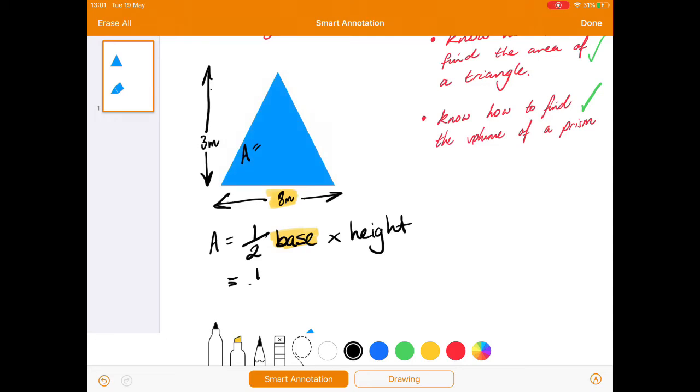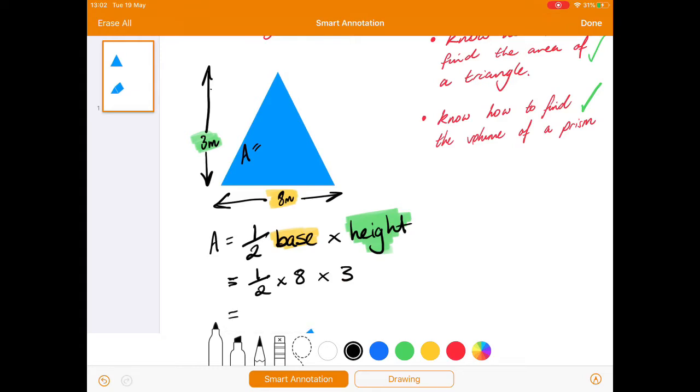So what we're going to do is write down half times the base, which is 8, times the height. Now what's the height of that triangle? Well, the height of this triangle is 3 meters. So instead of writing height, we're just going to write down 3.